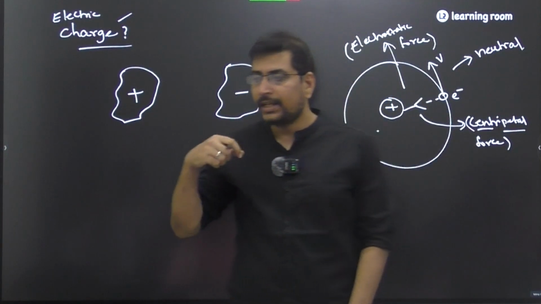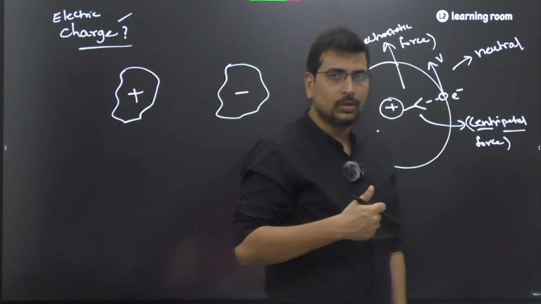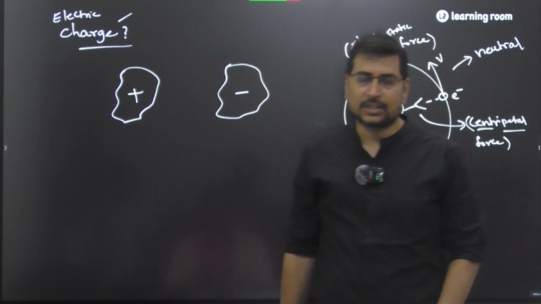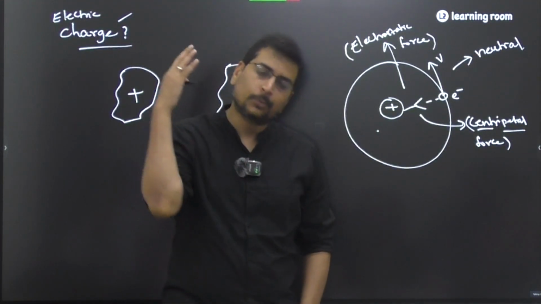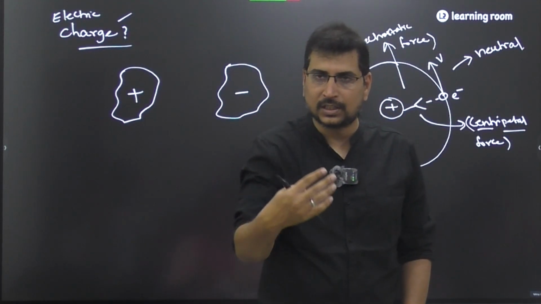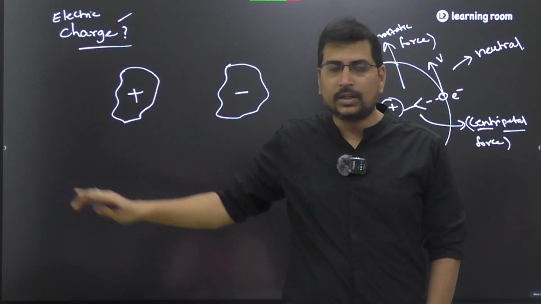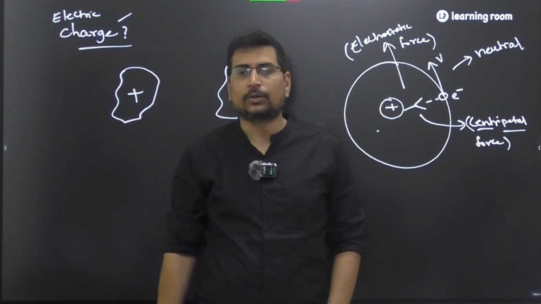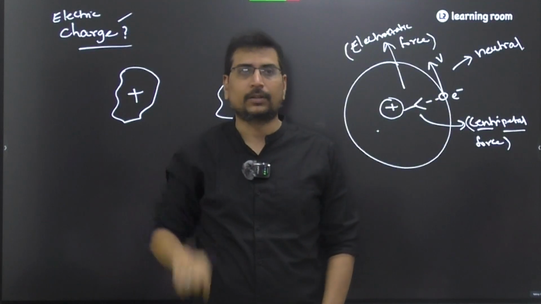Now we need to think of a question. If at all I need to make an atom get charged, is it possible for me to give positive charge to that material or remove negative charge from that material? I want a material to get positively charged. Is it possible for me to give more positive charge? When I say more positive charge, I am trying to increase the number of protons within the nucleus. Or I can have deficiency of electrons, meaning I am trying to decrease the number of electrons in the orbit.